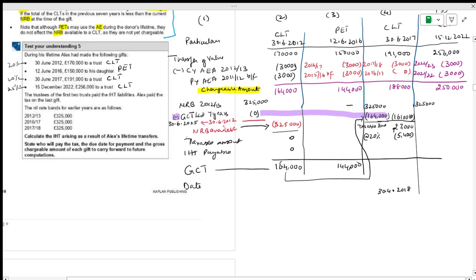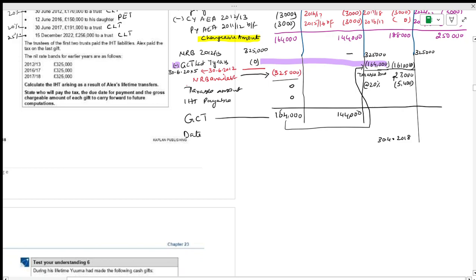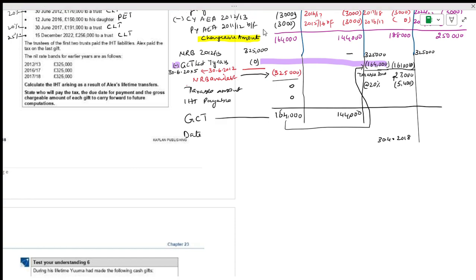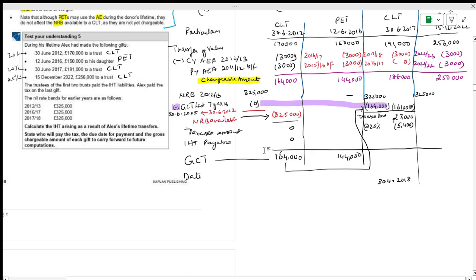Have they changed any nil rate band? Nil rate band. Residence nil rate band, 175.